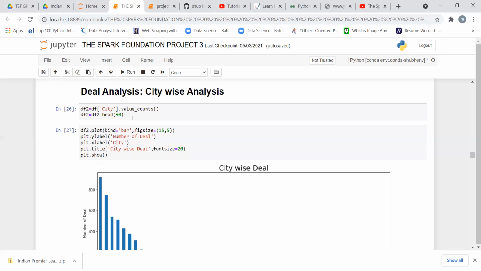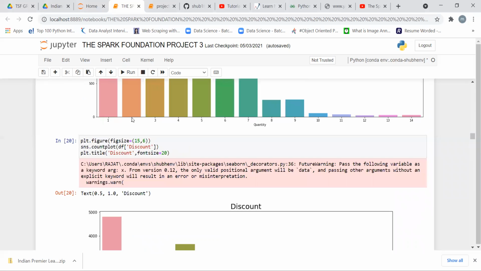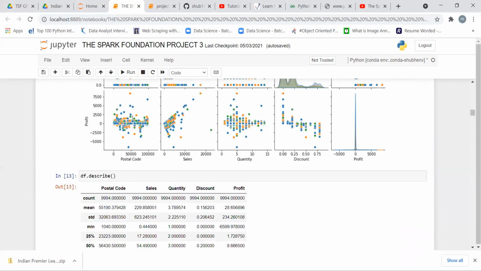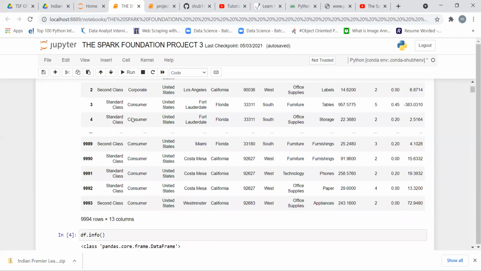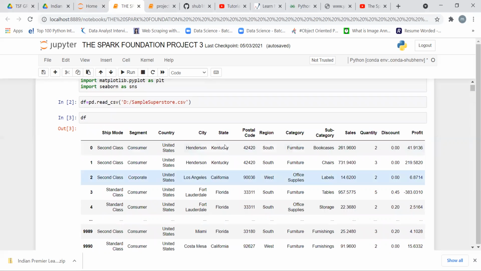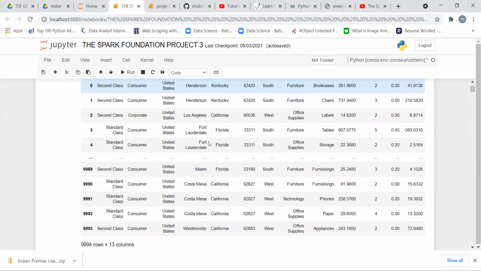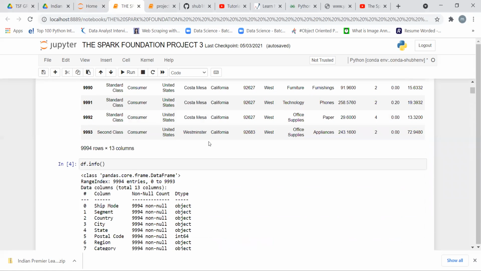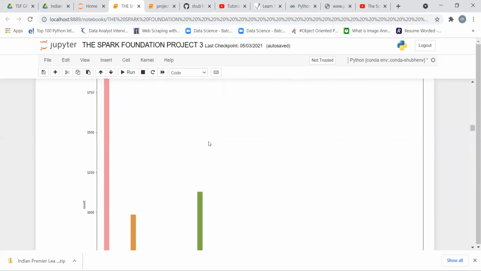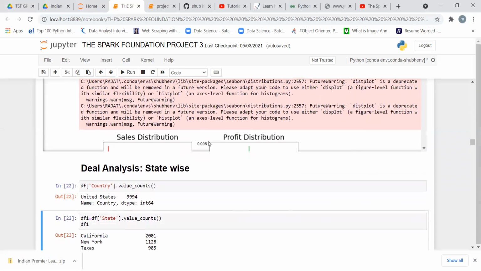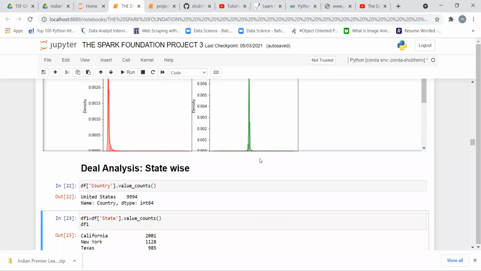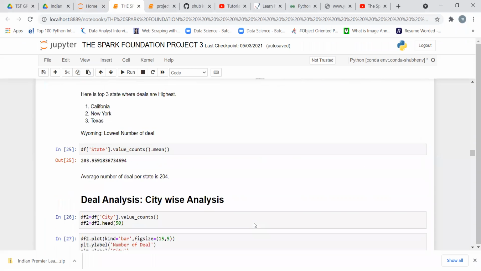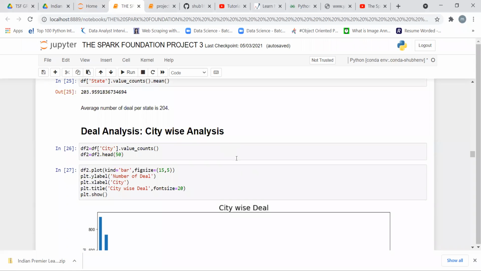We use 50 because in the data set we have a multiple number of cities, so we only take the top 50 cities for analyzing profit and sales.